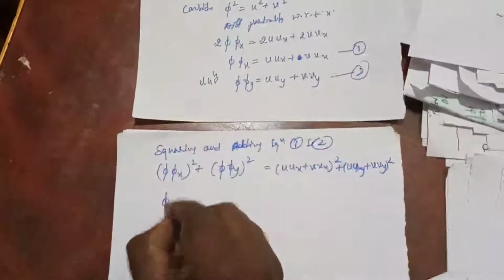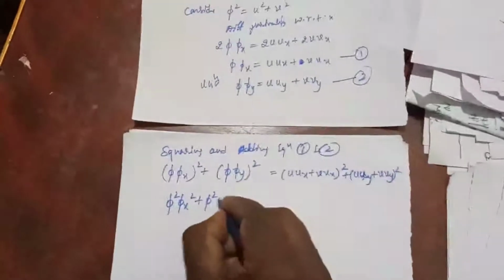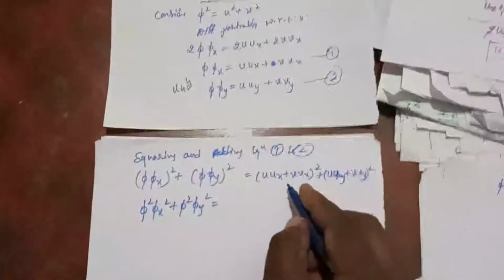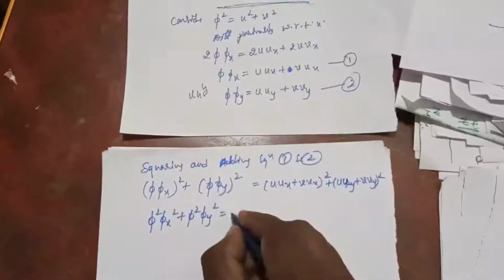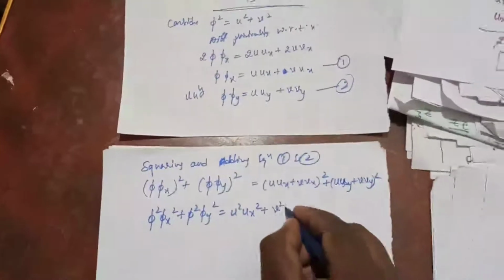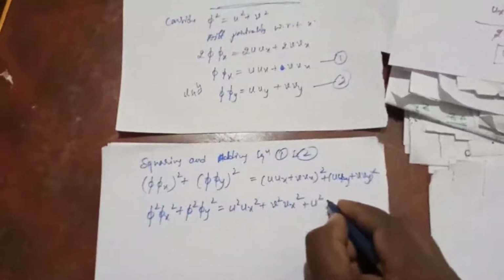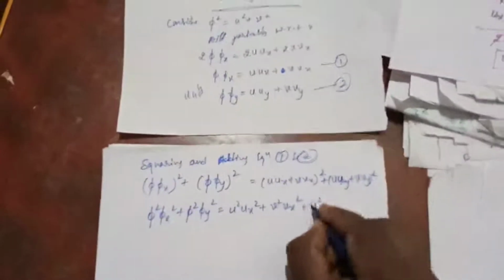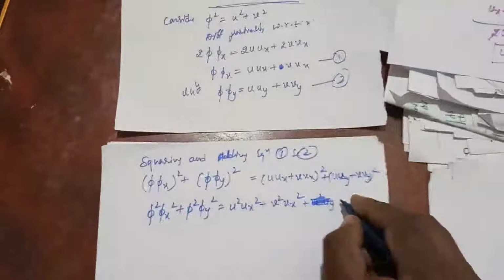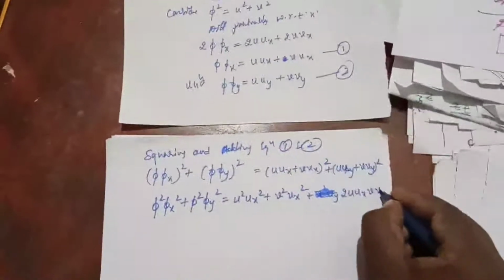This becomes phi square phi x square plus phi square phi y square. Now this is in the form of (a plus b) whole square. So a square is u square u x square plus v square v x square plus 2ab, 2 u u x v v x.